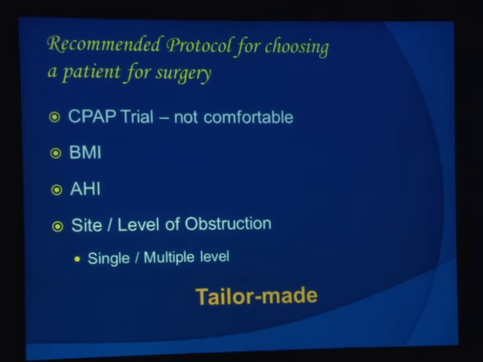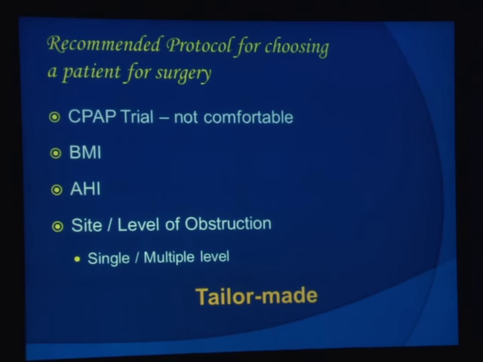So the recommended protocol for choosing a patient for surgery is a CPAP trial, if they are not comfortable. Then the second criterion will be BMI and AHI, which is very high. If it is very high, the success rate goes down. And according to the site and level of obstruction, if it is multiple, the success rate also goes down.